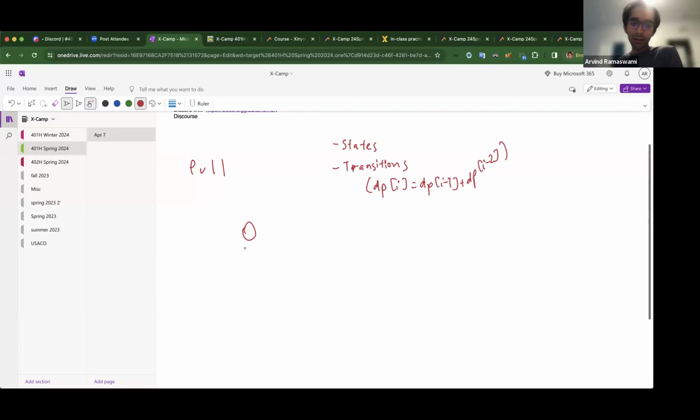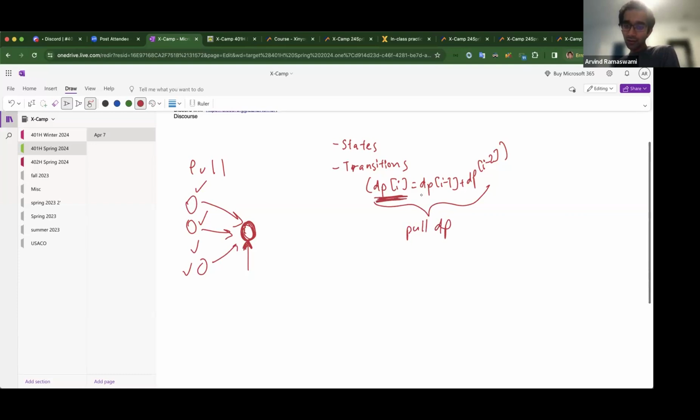Pull DP is when you want to calculate your current state, and these are earlier states that transition to it. You've already calculated dp for all of these, and you just calculate the current one based on the earlier values. So this transition is an example of pull DP, because you calculate the dp of the current state from the dp of earlier states.